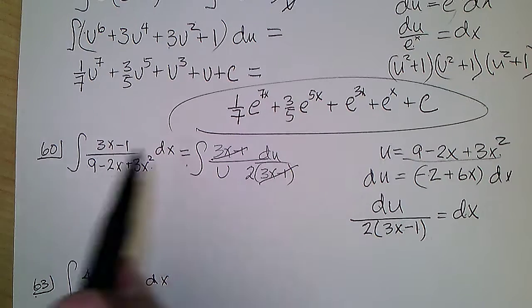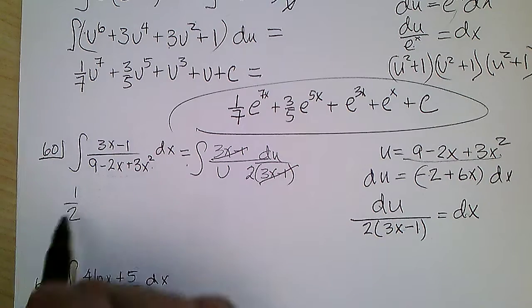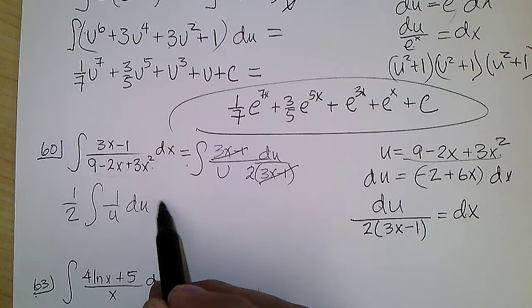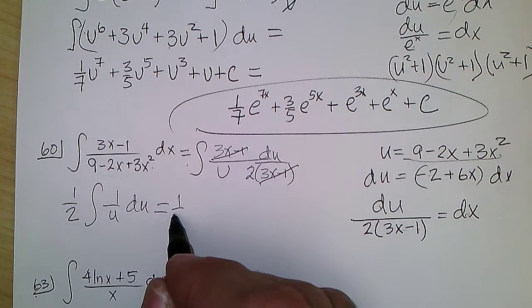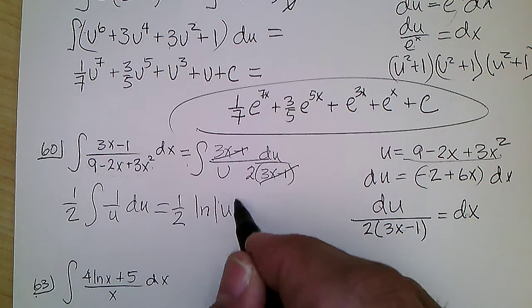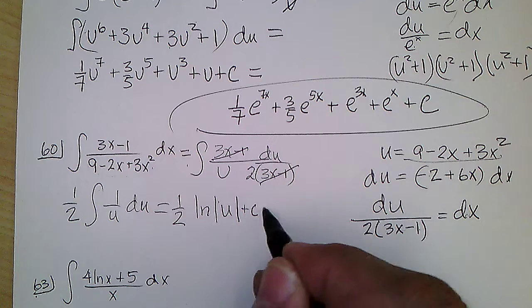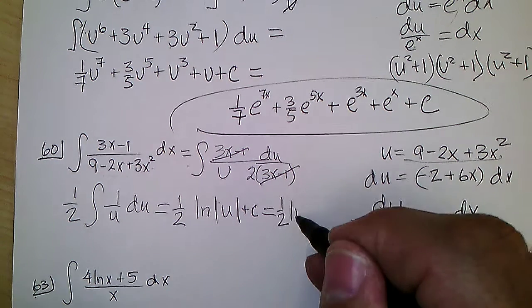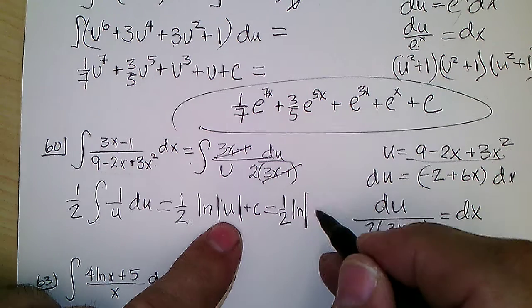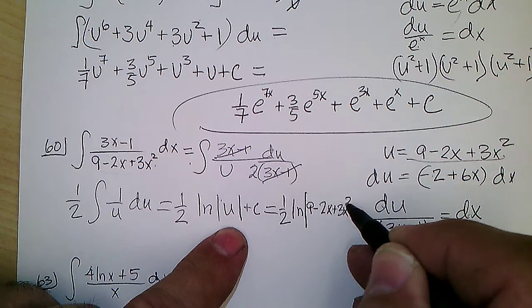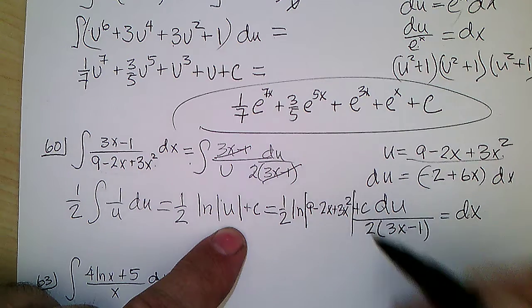And so the 2 can come out, and I got 1/2 integral of 1 over u du, which is 1/2 ln of absolute value of u plus c, which is going to be 1/2 ln of 9 minus 2x plus 3x squared plus c.